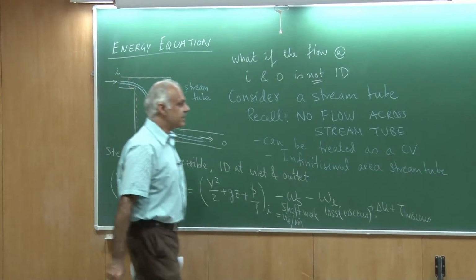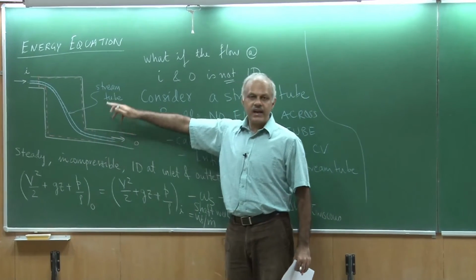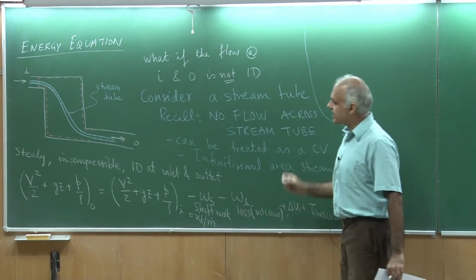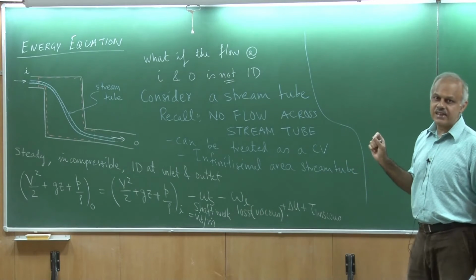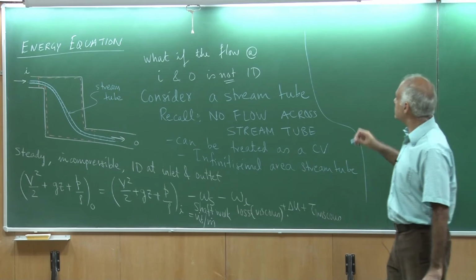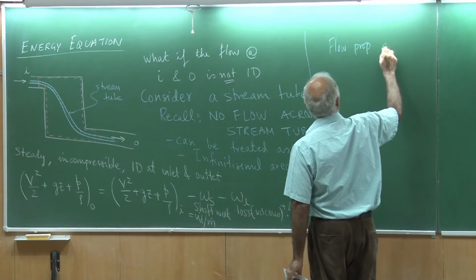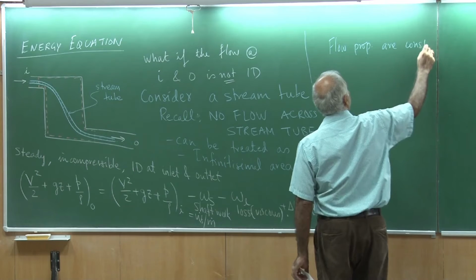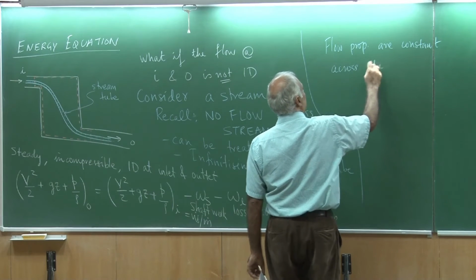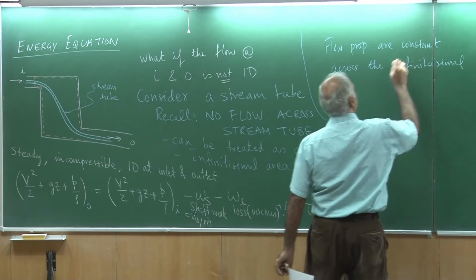So, even if in a macro sense at the exit port and at the inlet port my properties are changing across the port, at least for this infinitesimal tube I can say my properties are constant simply because it is infinitesimal. So, flow properties are constant across the infinitesimal stream tube.